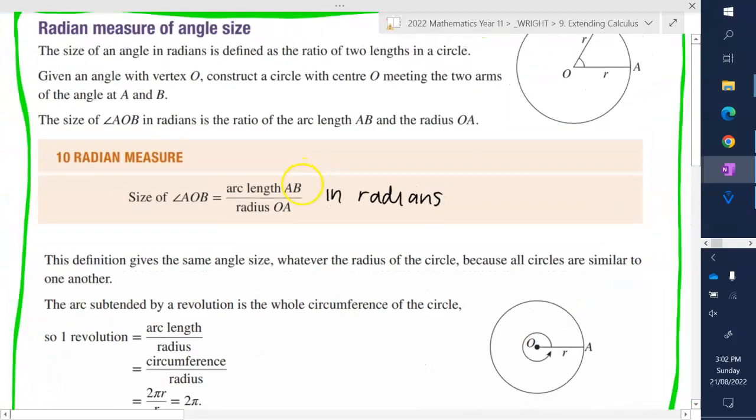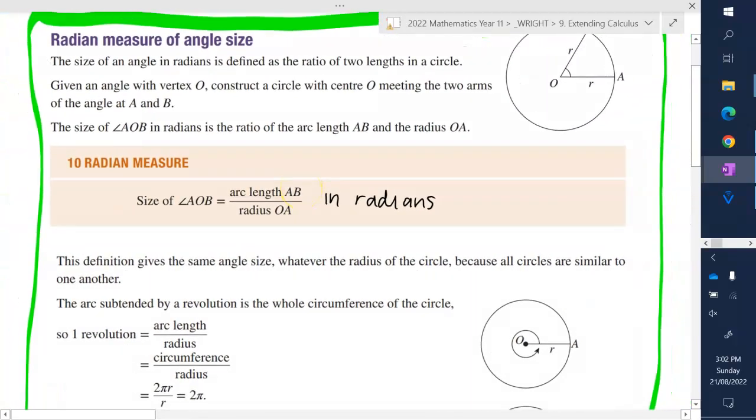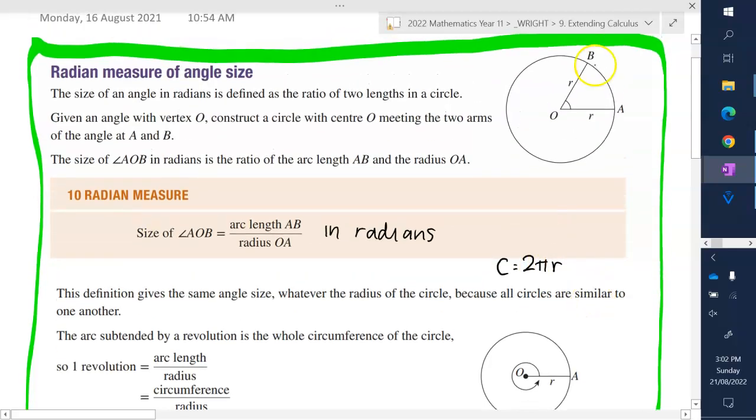Okay, so think back to earlier on in year 8 and 9 when we worked out the circumference of a circle, and the circumference of a circle was equal to 2 times pi times r. So in one revolution of a circle, our arc length is 2 pi r.